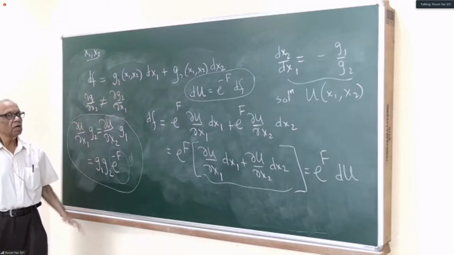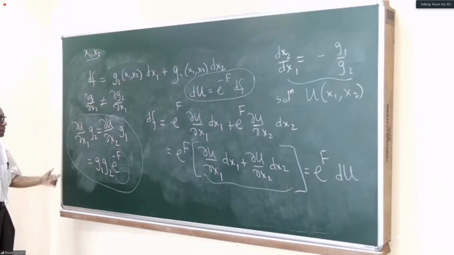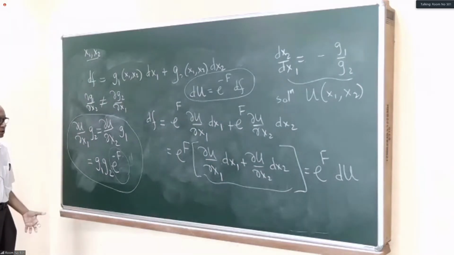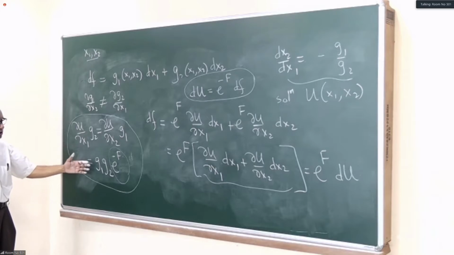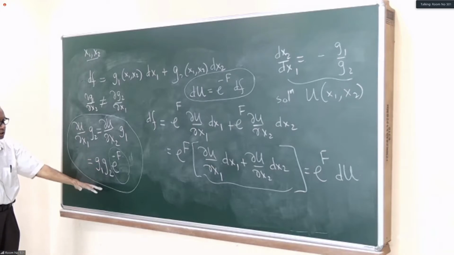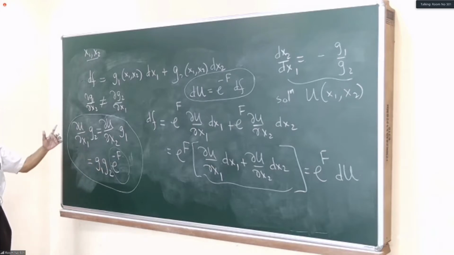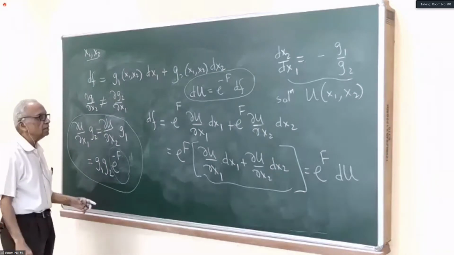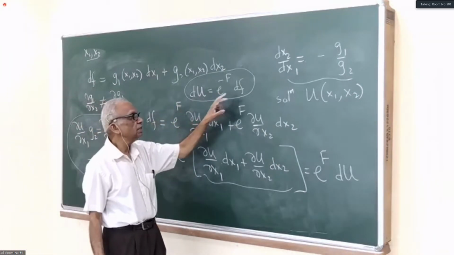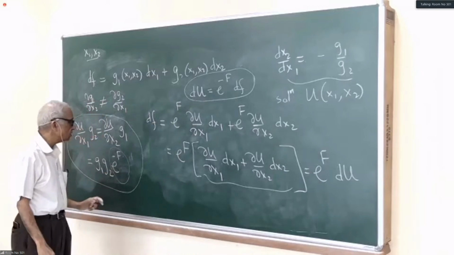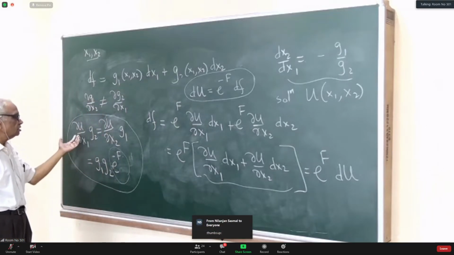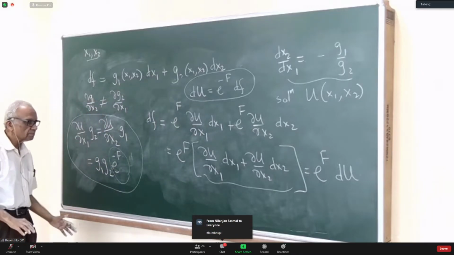G1 and G2 are given to you. U is what one has to find out, that is this du, and du is related to df through this factor over here, which in turn is given by these.